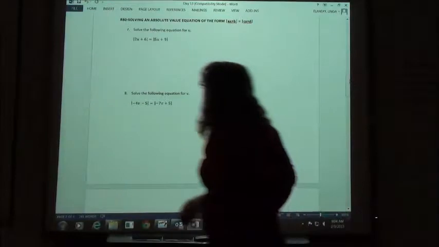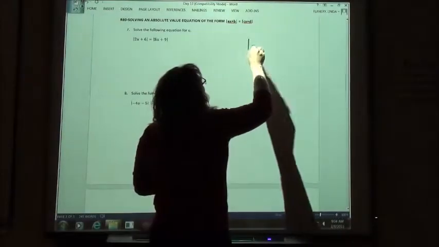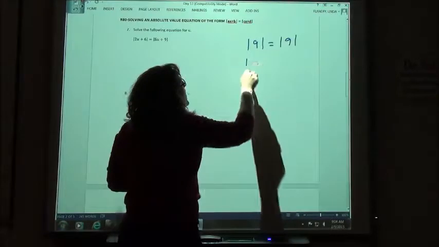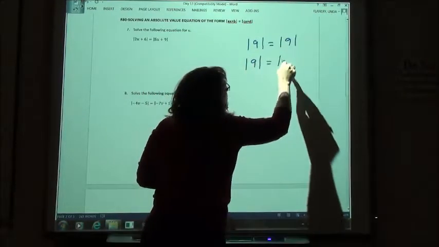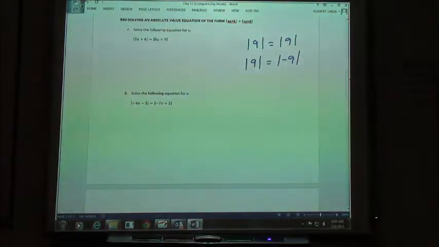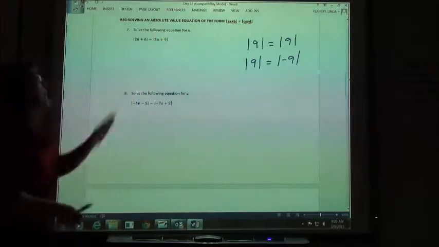Seven, 8, and 9 are solving ones where we have absolute values on both sides. So in theory, the absolute value of 9 could equal the absolute value of 9, but the absolute value of 9 also equals the absolute value of negative 9, right? So what they're going to do for their two cases is on the first one, they're going to leave everything the exact same.